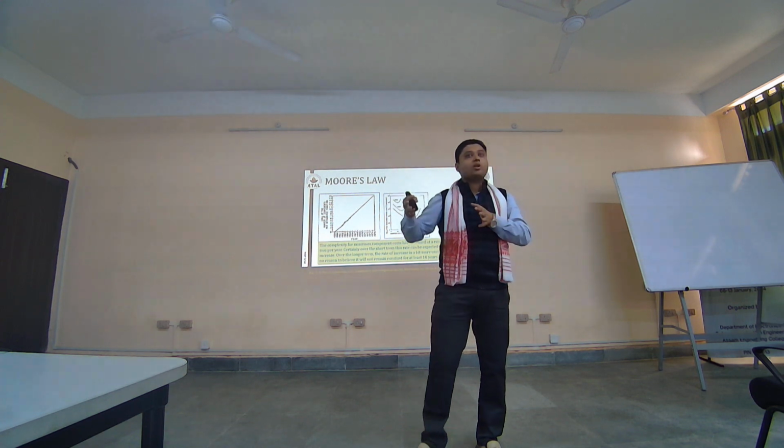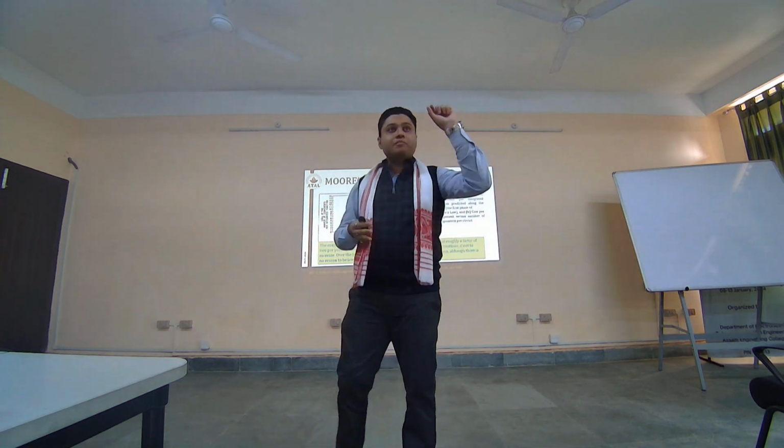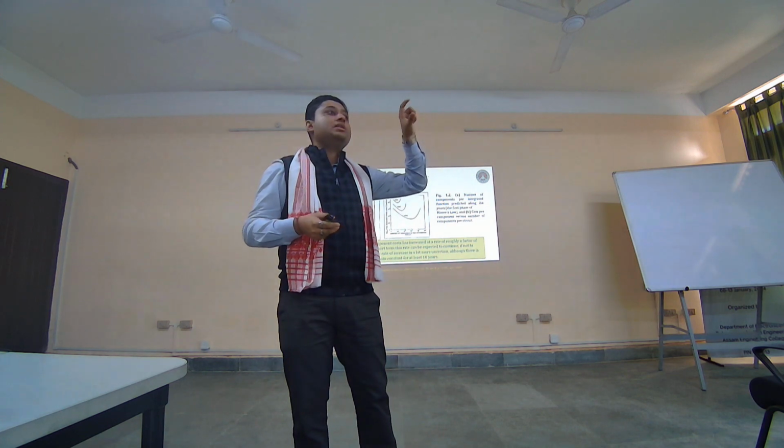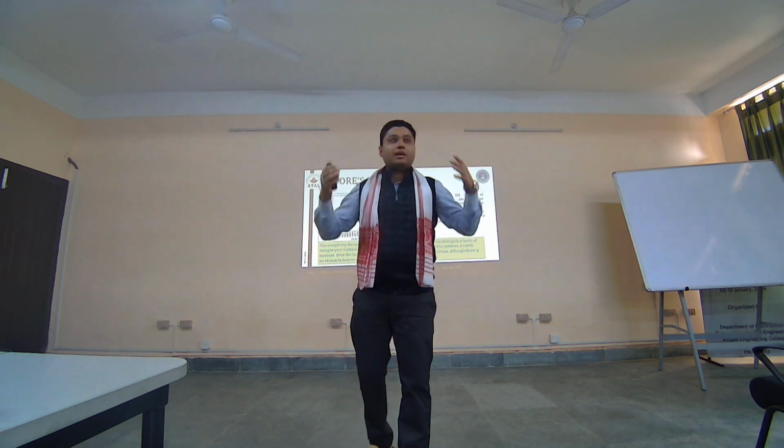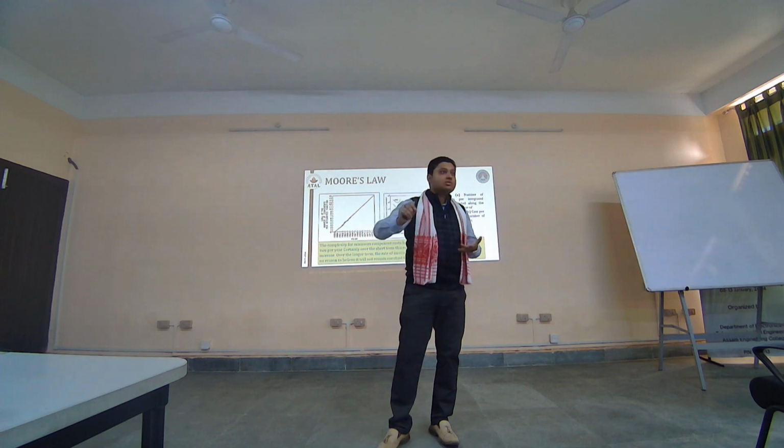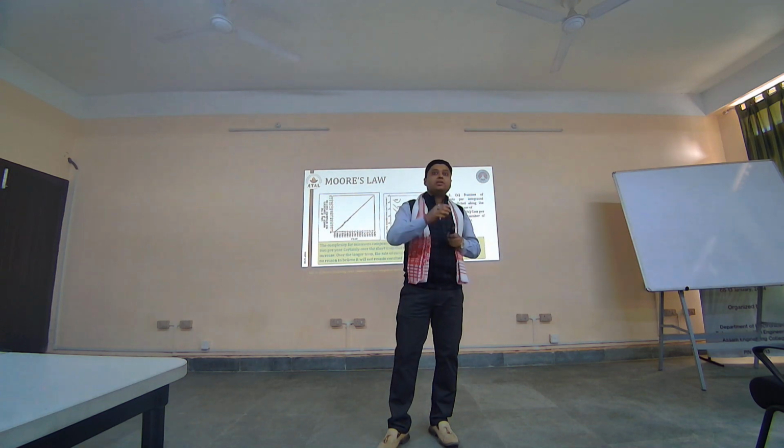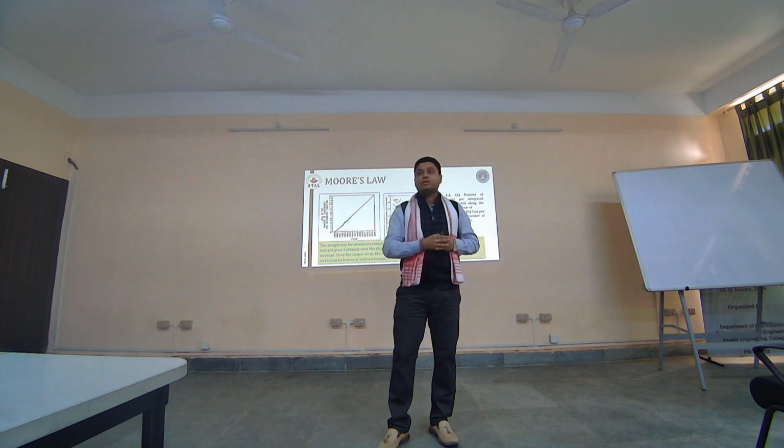So then it became a law. It was not that he said something one day and just wrote it down. He was actually relating the number of components to the demand of the industry. So Moore's law is basically related to the economics of the semiconductor industry.